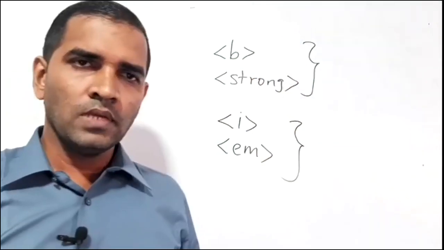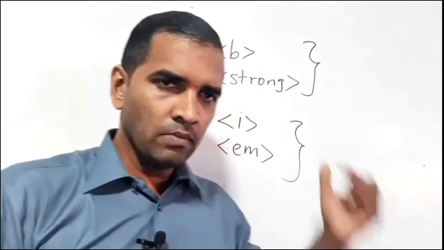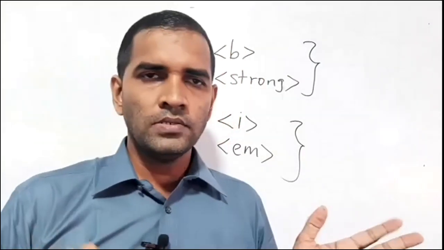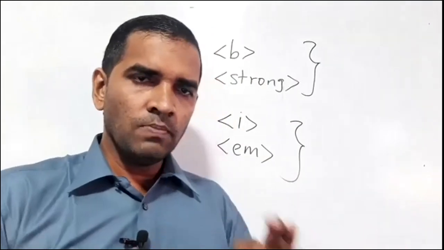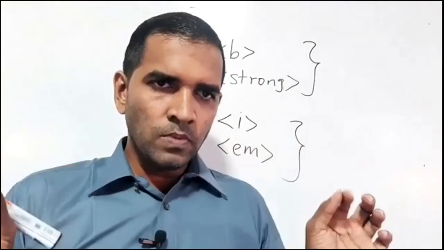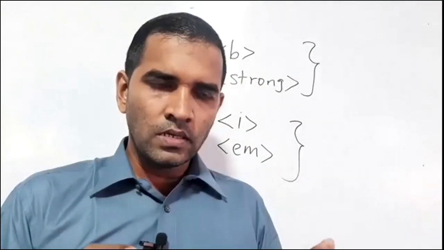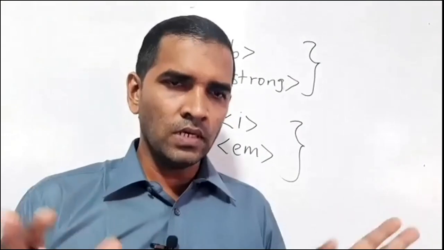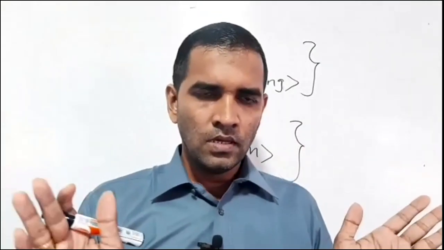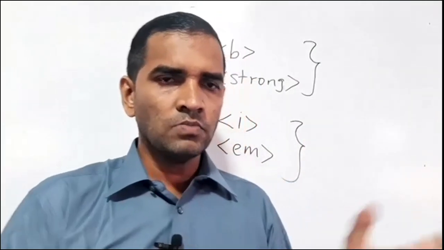Here also the same idea. As we discussed earlier, both will display text in italics. But say you want to display a phrase or a word in italics only. It is just a word you want to display in italics, not given as much importance.